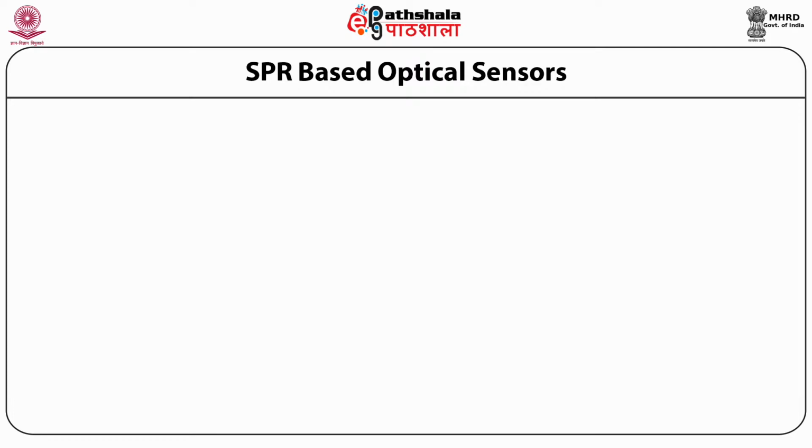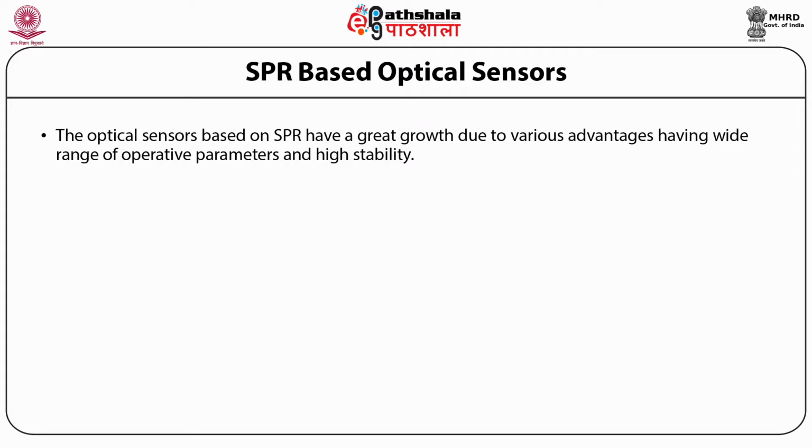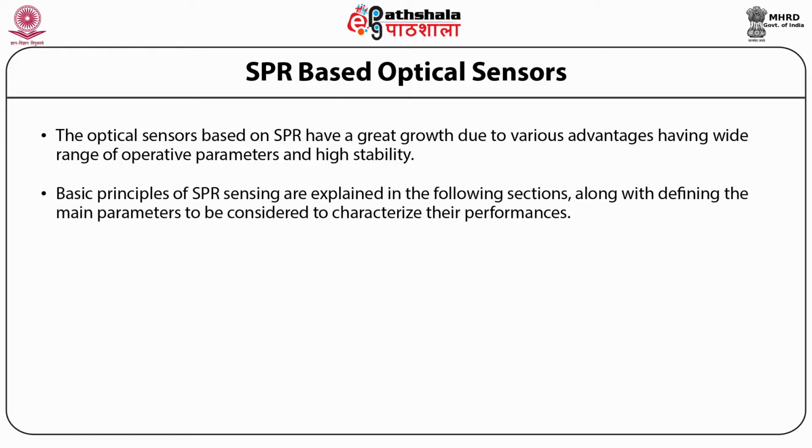SPR based optical sensors. Optical sensors based on SPR have seen great growth due to various advantages, having a wide range of operative parameters and high stability. The basic principles of SPR sensing are explained in the following sections, along with defining the main parameters to be considered to characterize their performance.